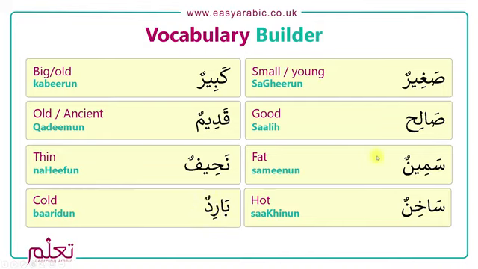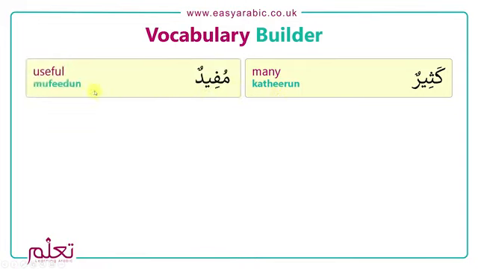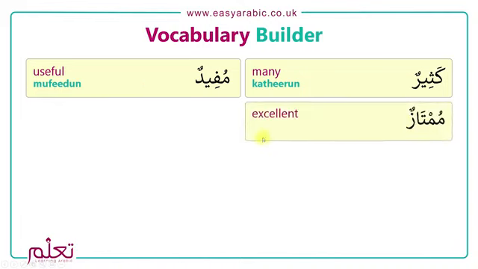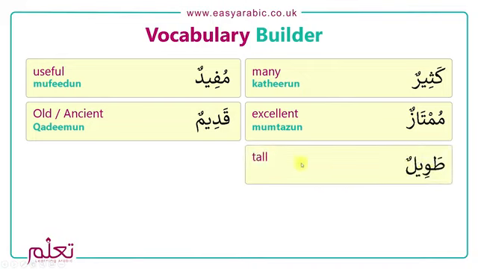Some more words. Kathirun, which is many. Mufidun, which is useful. Mumtazun, which is excellent. Qadimun, which is a repeat, we covered this before, old or ancient. Then tawilun, which is tall.